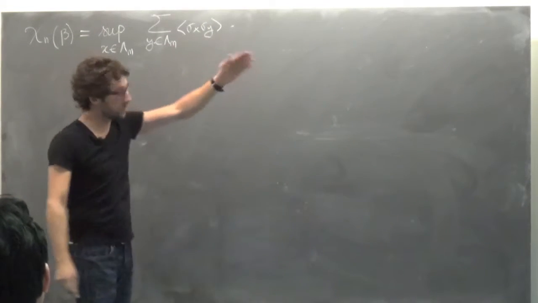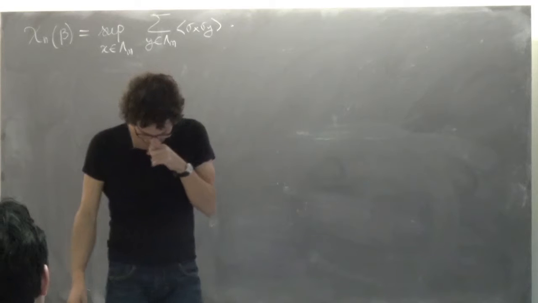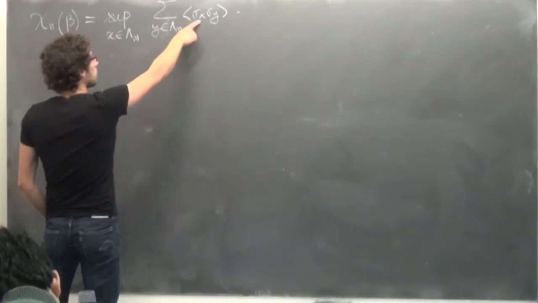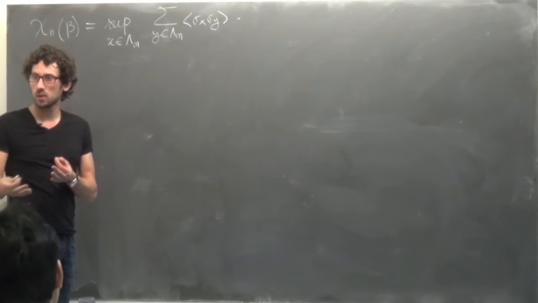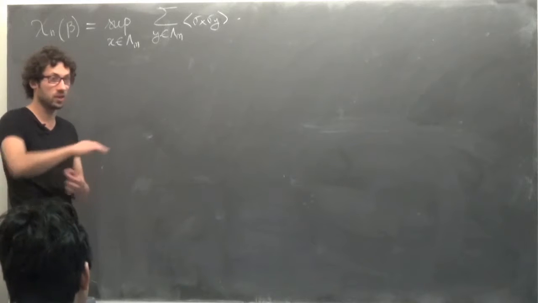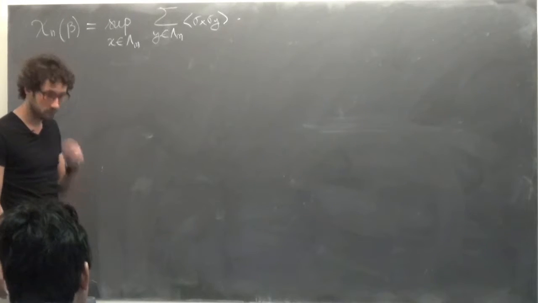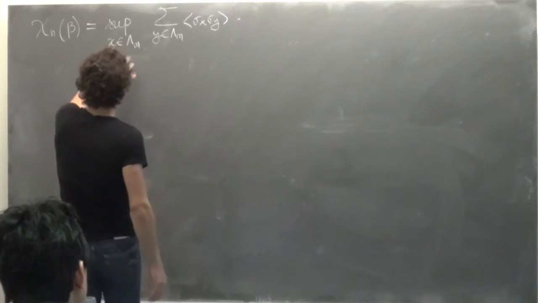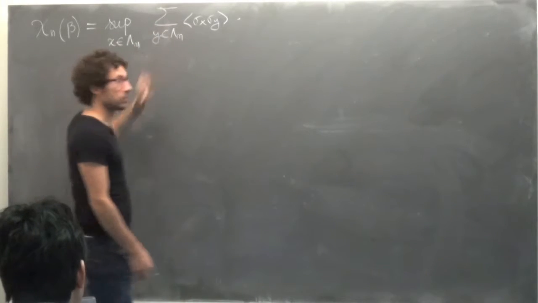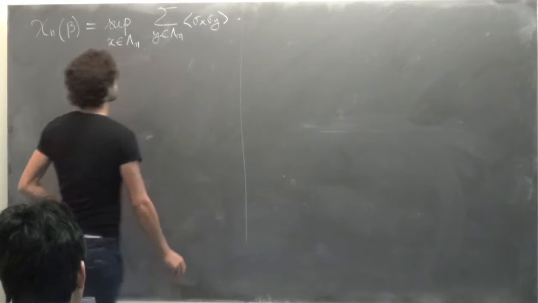And I drop the beta, it is fixed. So I'm taking the point for which the average of the spin is the biggest. I look only at the box of size n because I want to be certain this thing is finite.